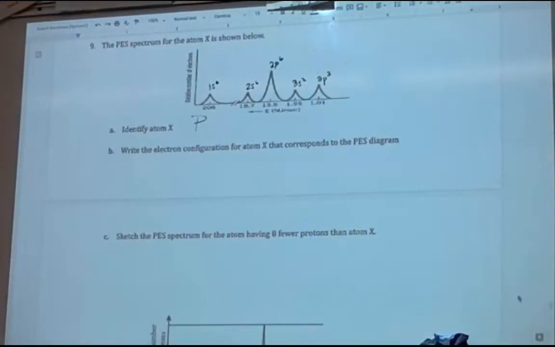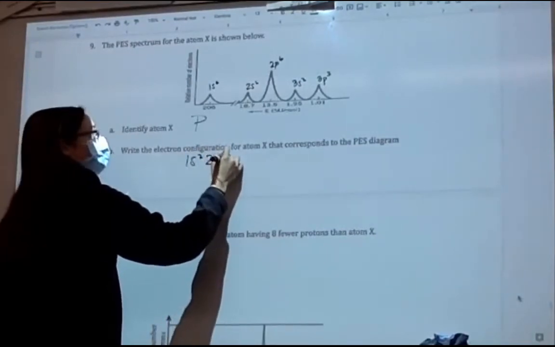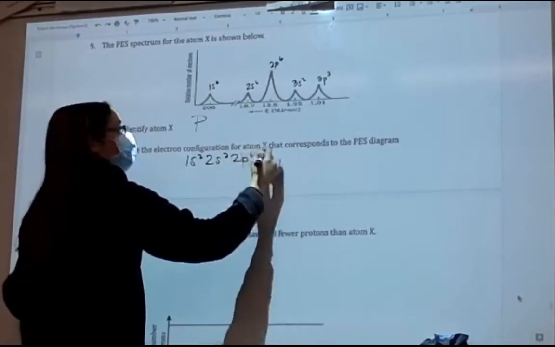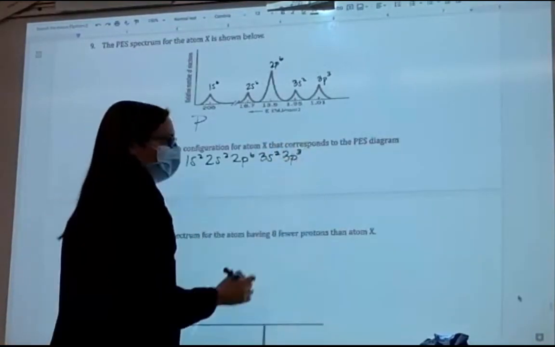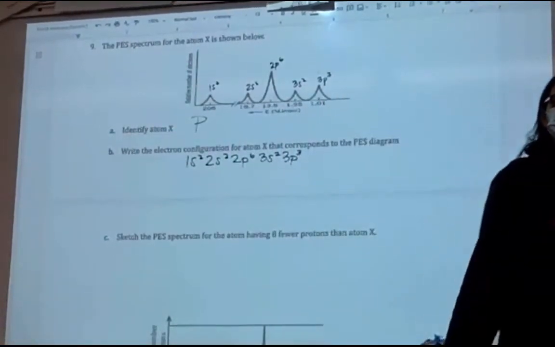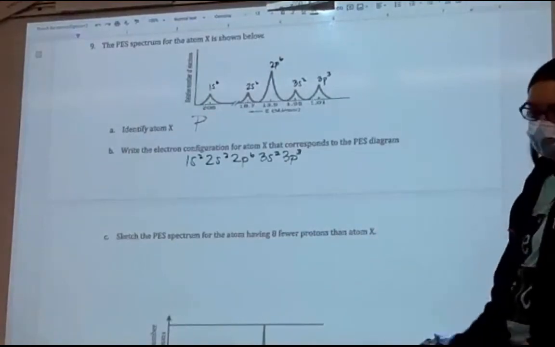Write the configuration. We already did it right here, so just rewrite it down here. 1s2, 2s2, 2p6, 3s2, 3p3. This is really it for identifying like PES. And then C.